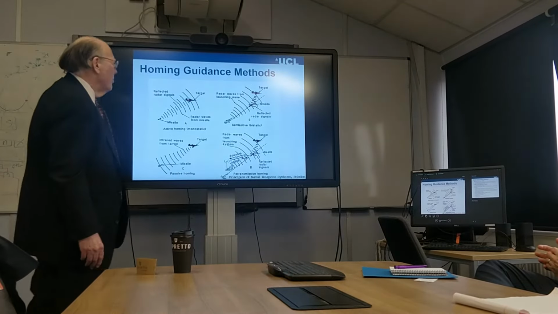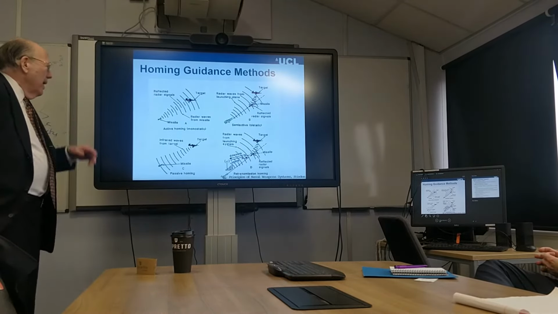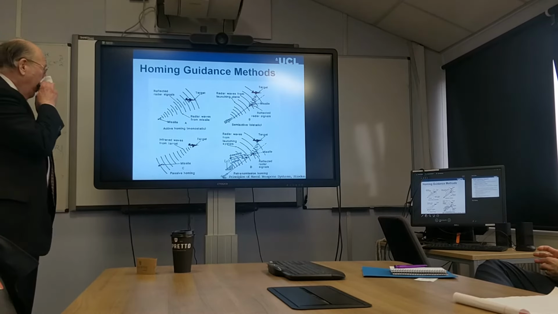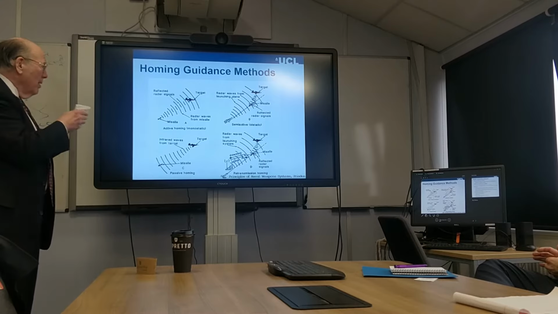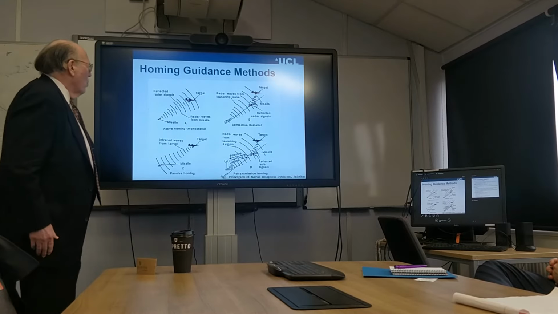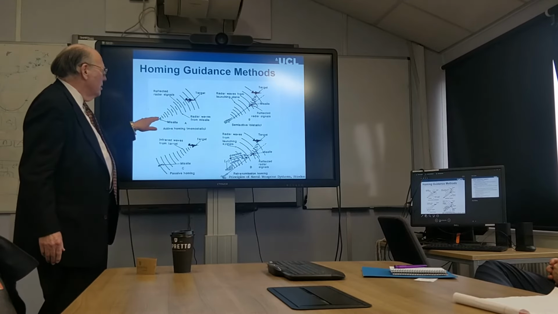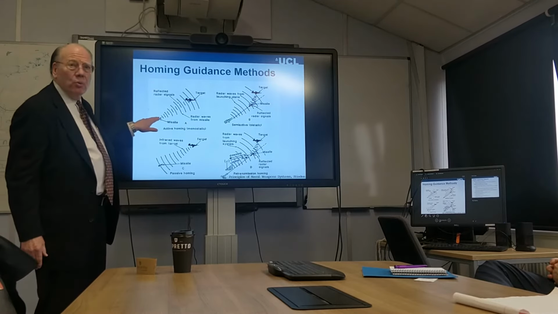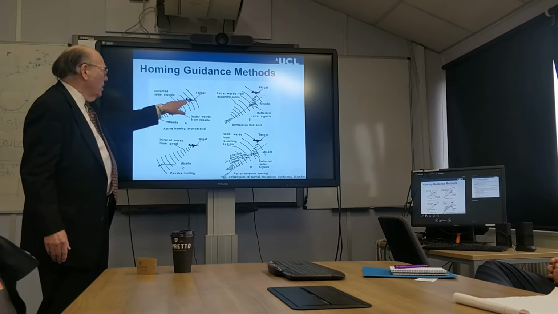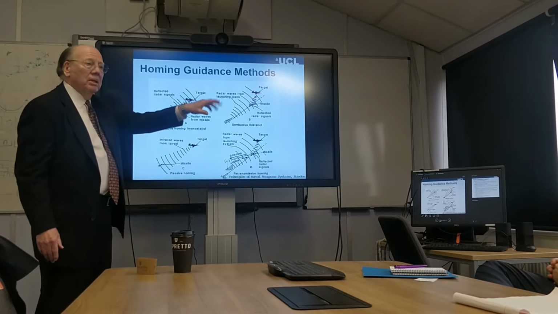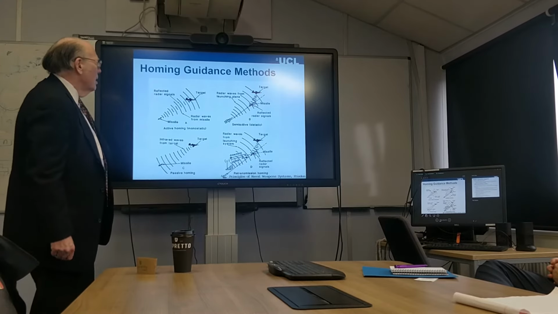If we look at the way that the missile systems are guided, here are 4 common kinds of guidance approaches. One is so-called active homing, which is a monostatic technique. So the missile has its own radar, and the missile's radar locks on the target and then tracks the target and then flies to the target, tries to engage it.